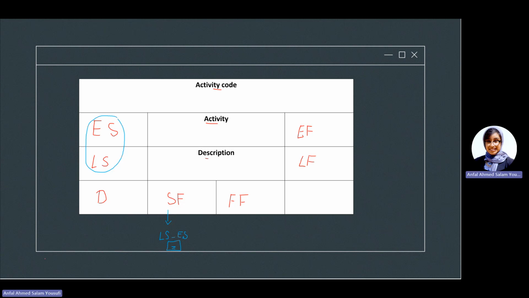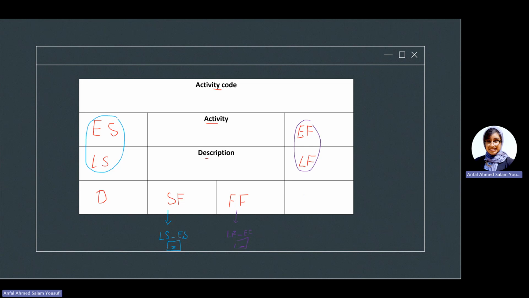Finish float is basically, on the other hand, taking these two numbers in here: if I finished it late, minus if I finished it early. We're gonna get a number, and that number is considered your finish float.